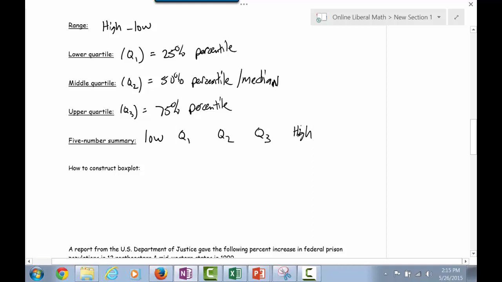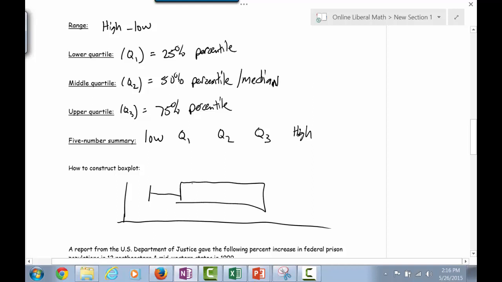Graphically, we can illustrate the five-number summary using something called a box plot. We might have associated this as a box and whisker plot in grade school, but a box plot uses each of those numbers in the five-number summary to illustrate a certain feature of the box plot. So for example, we have a line on the low part, then Q1, Q2, and Q3 all form the box.